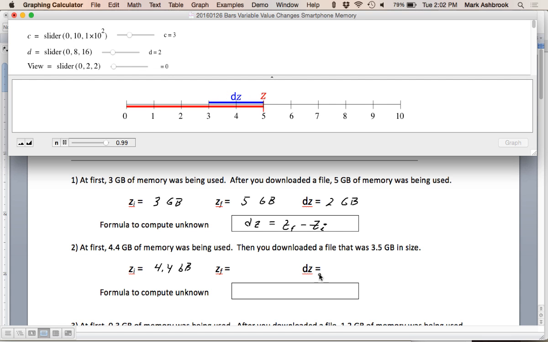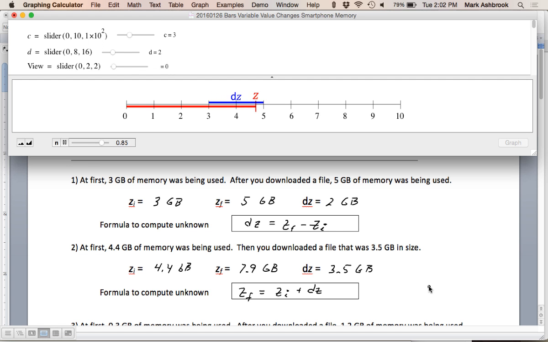Okay, so what was DZ? 3.5. And then this was the unknown, and it was equal to? And so we want a formula for Z final.